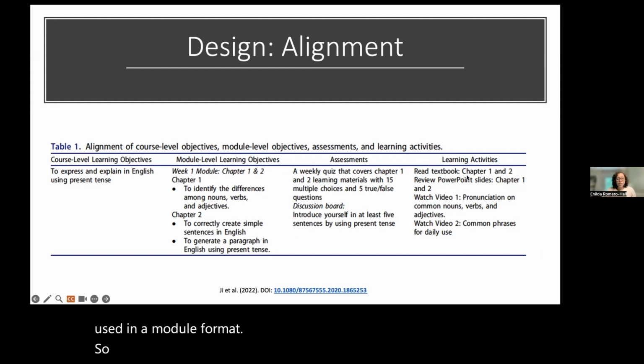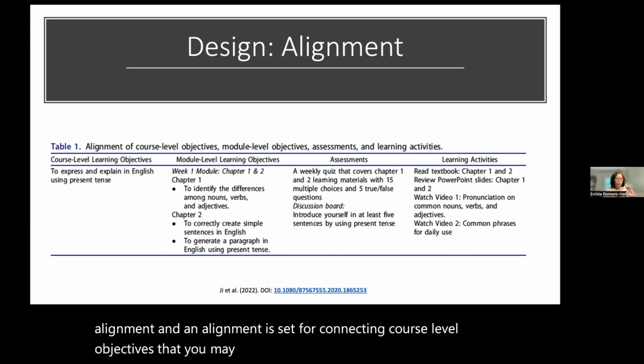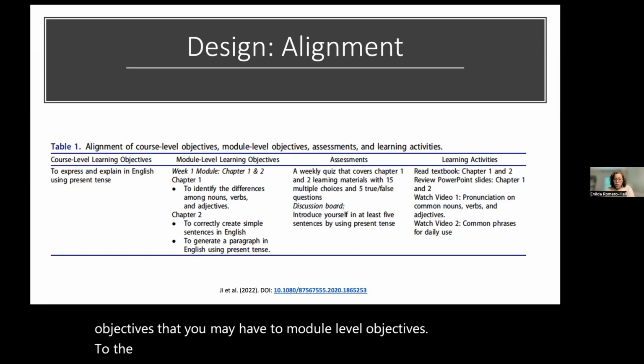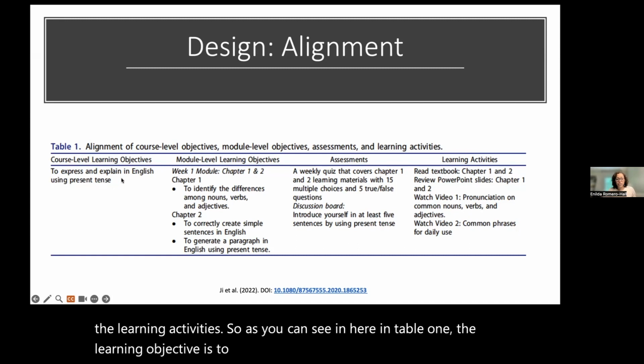So in this specific example that we have here, we are creating an alignment, and an alignment is set for connecting course level objectives that you may have to module level objectives, to the assessment that you have for that specific module, and then the learning activities. So as you can see here in table 1, the learning objective is to express and explain in English using present tense.